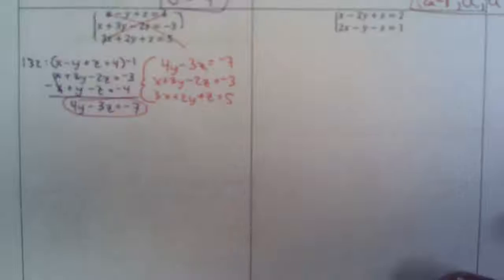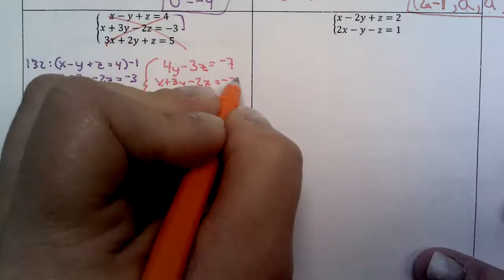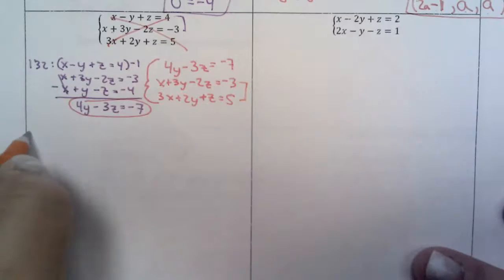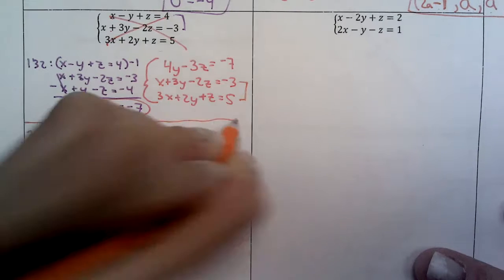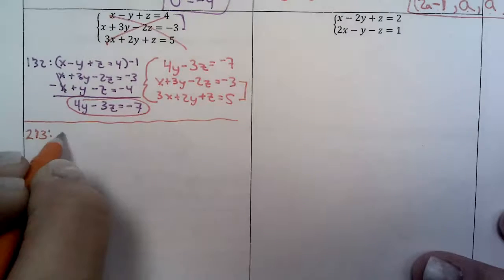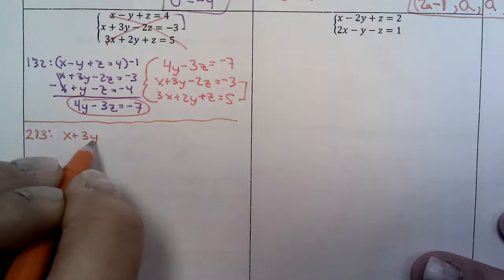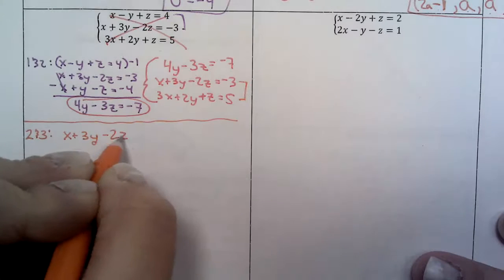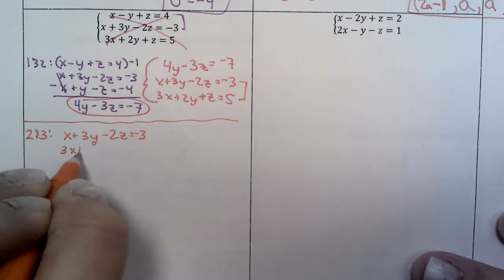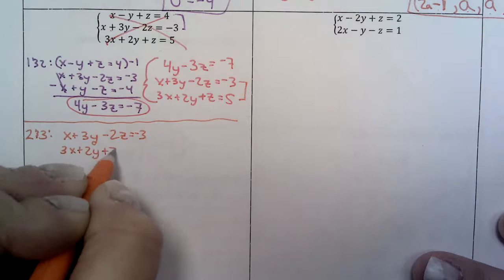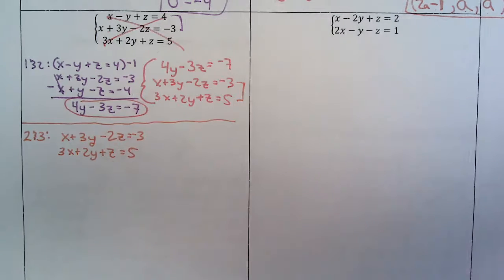Now step 2, I'm going to combine 2 and 3. All right, so 2 and 3, x plus 3y minus 2z equals -3, and I get 3x plus 2y plus z equals 5.